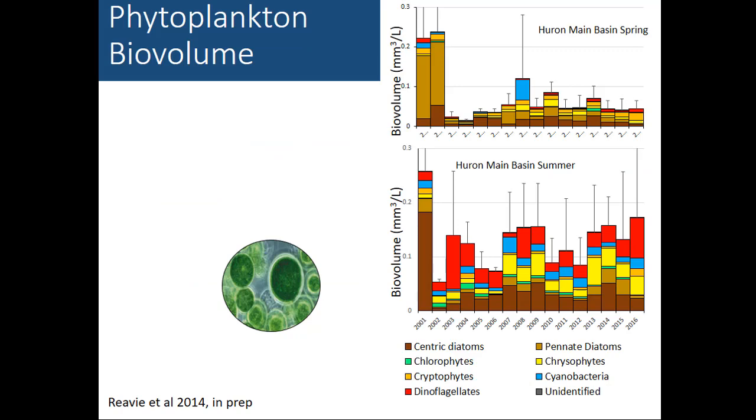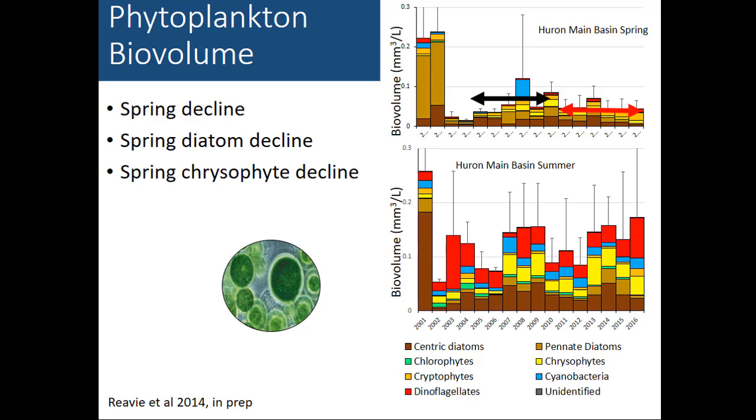Ewan Reavie up in Minnesota does phytoplankton biovolume measurements. So he takes samples, measures phytoplankton cells, and calculates how much biomass or biovolume you have. For them, we only have data back to 2001, and there is this rather fast decline in both the spring and the summer around 2002, 2003, but we have very few data points on the other side, so it's hard to detect.